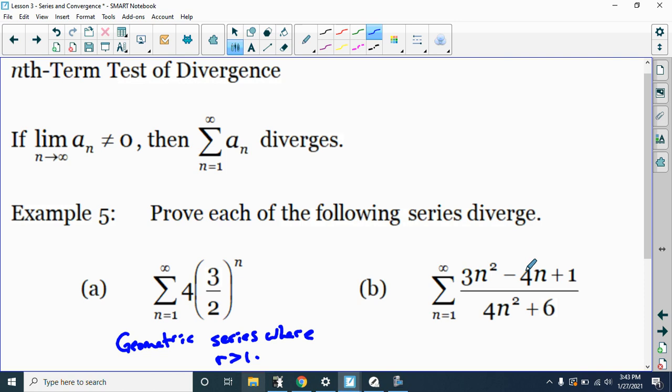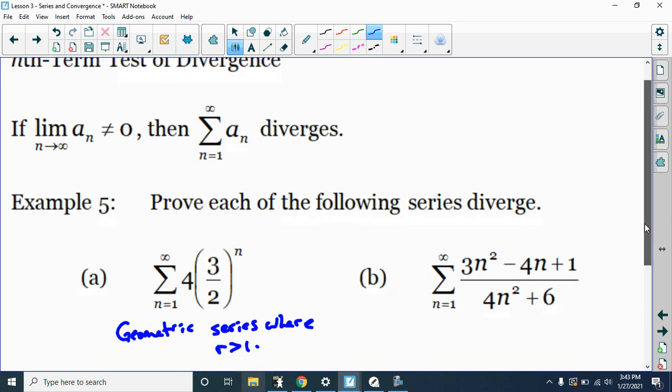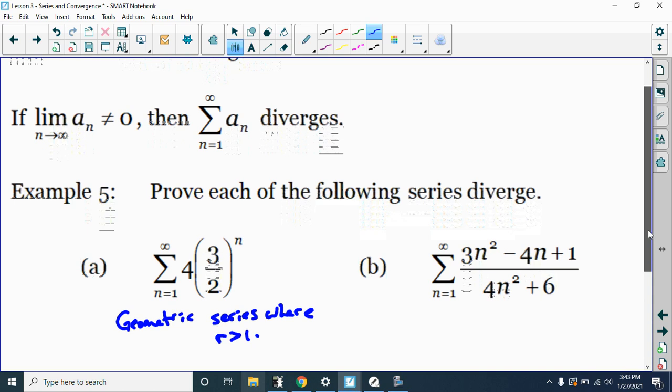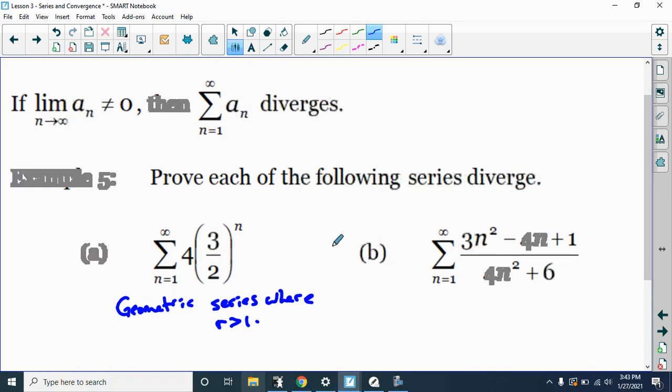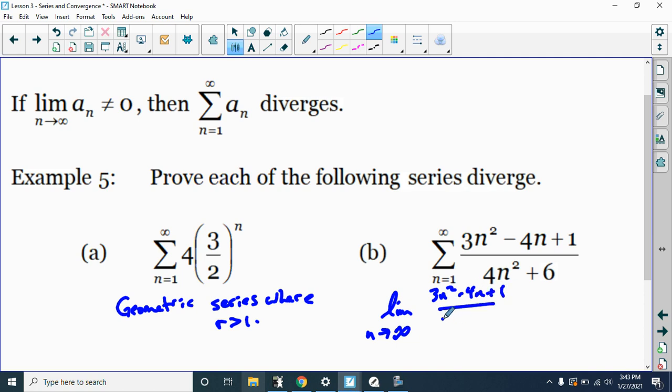Part B, it is not geometric, does not appear to be telescoping. The other thing you might want to try to see if it converges or diverges is the nth term test. So if I take the limit as n approaches infinity of this guy here, 3n squared minus 4n plus 1 over 4n squared plus 6, I get 3 over 4.